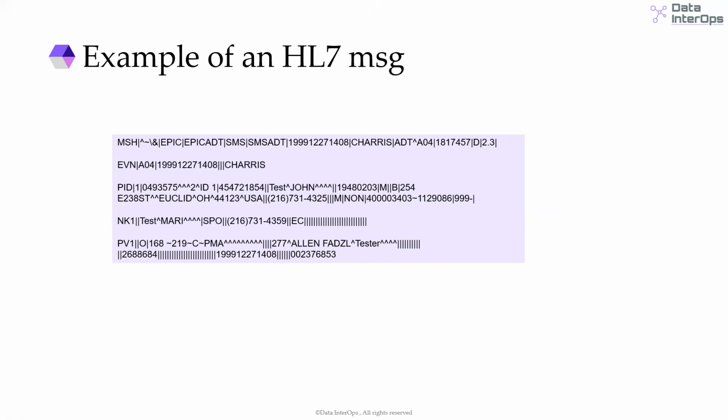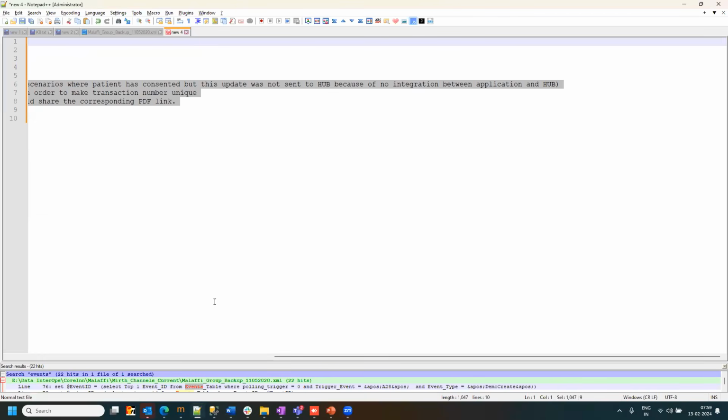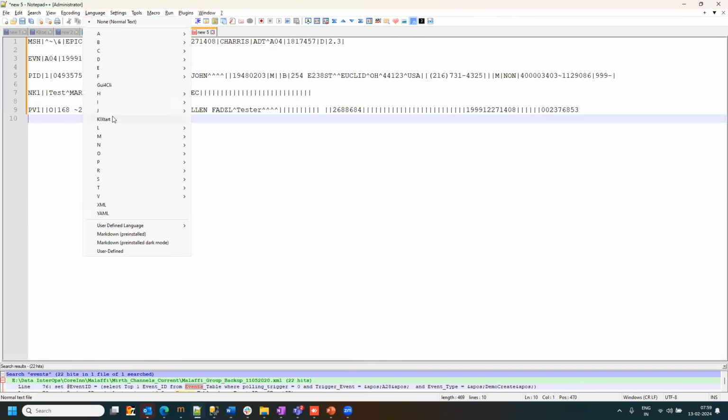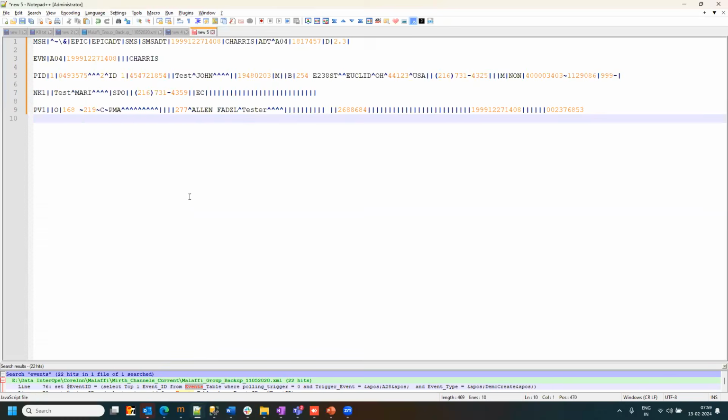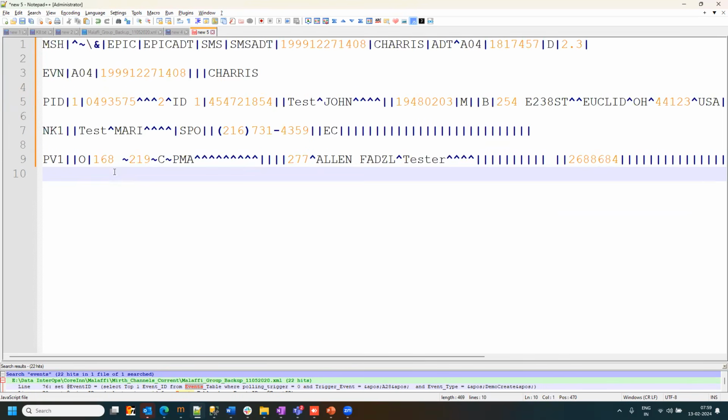So let's paste this into Notepad and take a deeper look at it. Let me set the language to JavaScript. It's not JavaScript, by the way. I'm just using it so that it beautifies the data and we can see the differences clearly.